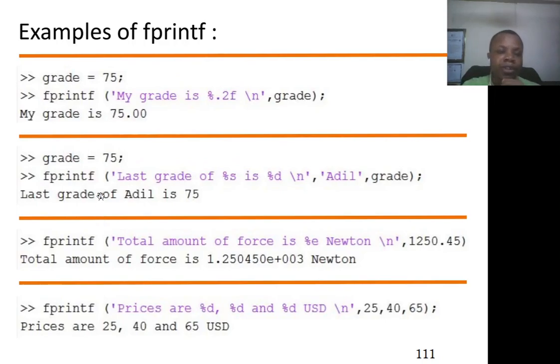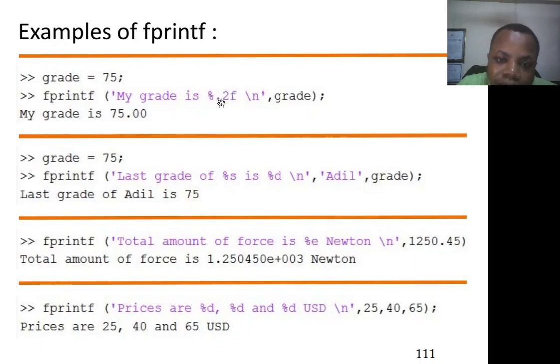Now, suppose that we assign 75 to grade, as we see here. So how do we get to print this? In making this interactive, we would like to print the grade such that some sort of preamble comes out. You can see that my grade is in here, and we have some notations.